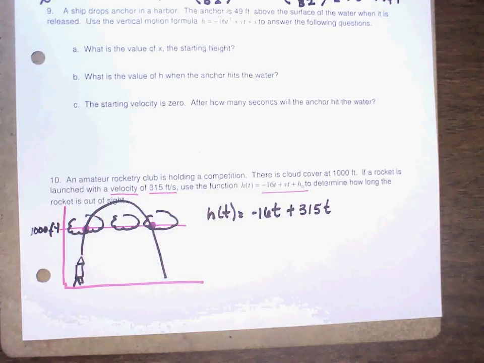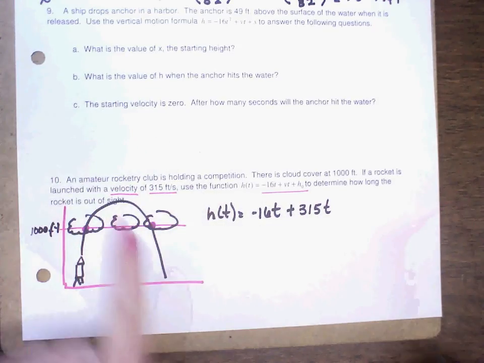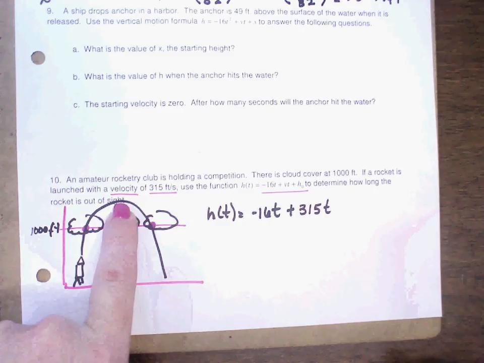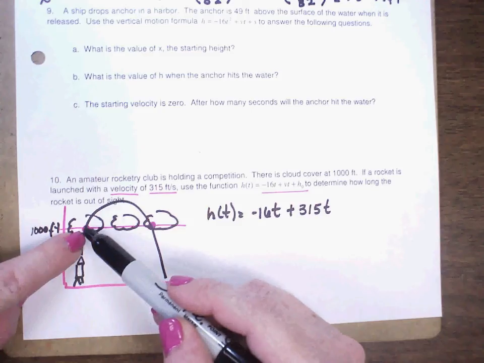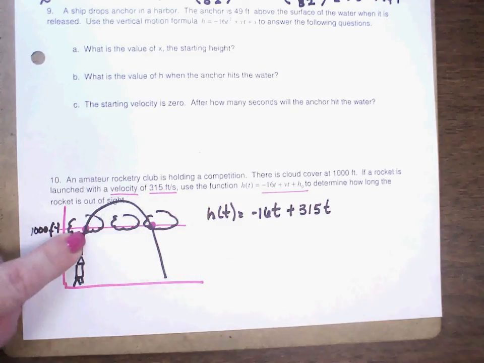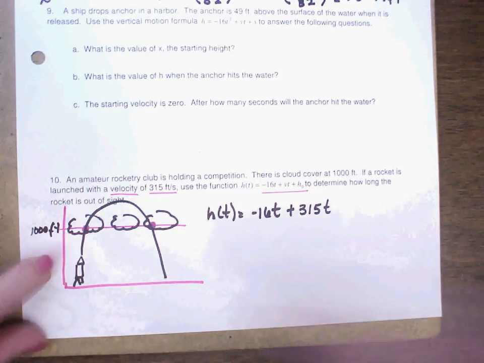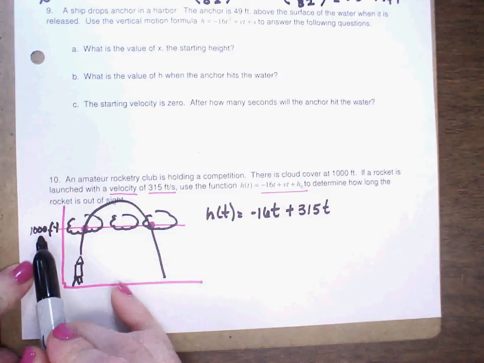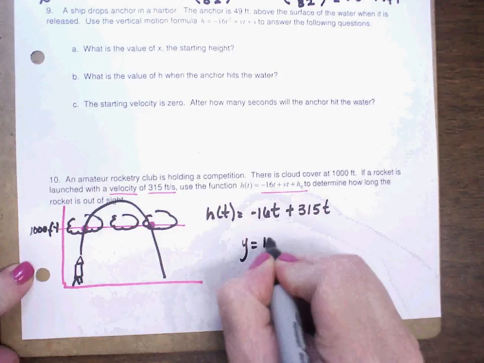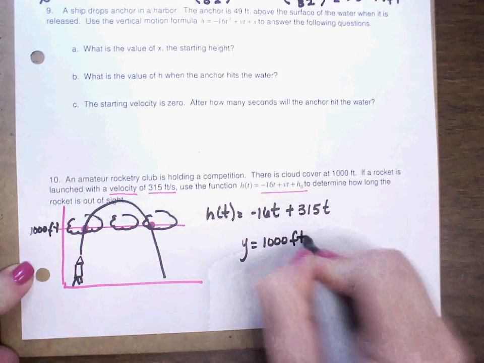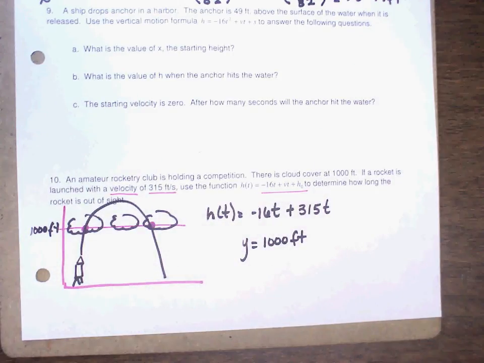No. What am I looking for? How many seconds did I not see the rocket? What is this, X or Y? Y. So what I'm looking for is, what are my X's when Y equals 1,000 feet, right?